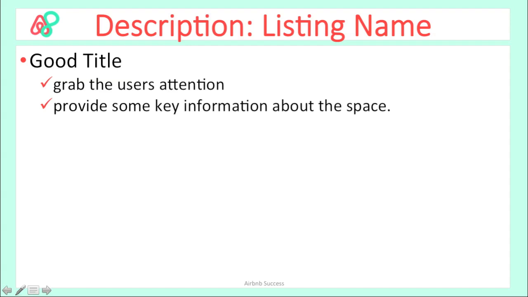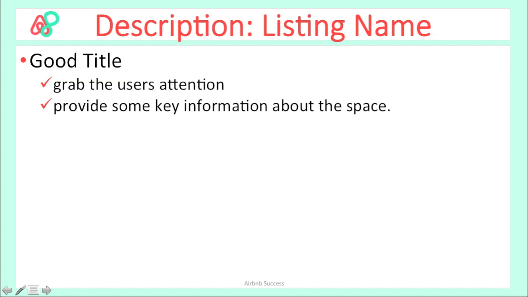So pick your top 2 to 3 reasons you think you have a good space, and then boil them down to one word. For example, the location, the site, rooftop access, penthouse, private room.